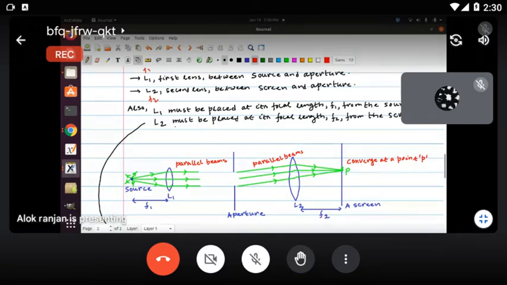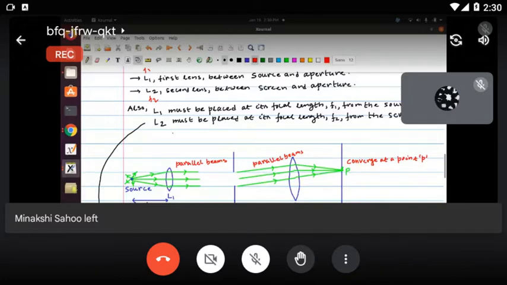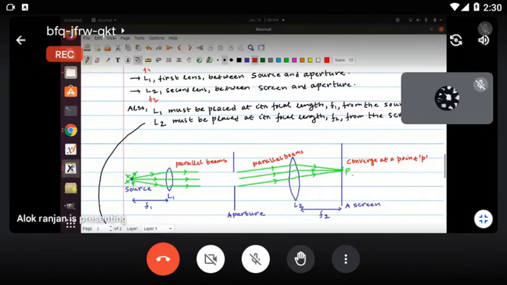By using this couple of lenses, we can push both source and screen to effectively infinite distance compared to the apparatus. And by adjusting these lenses, we have great control over Fraunhofer diffraction compared to Fresnel diffraction, and hence it is easy to achieve.